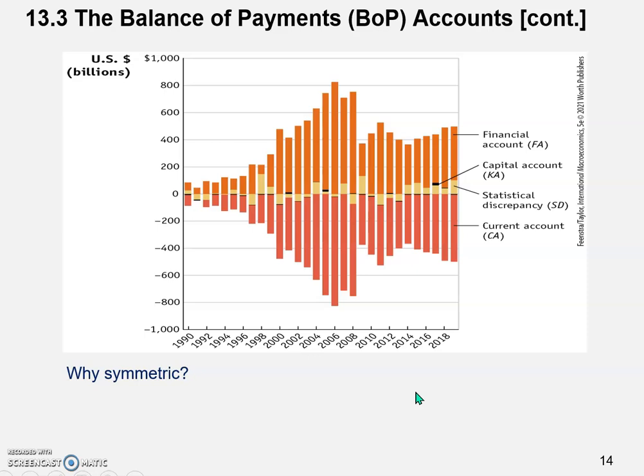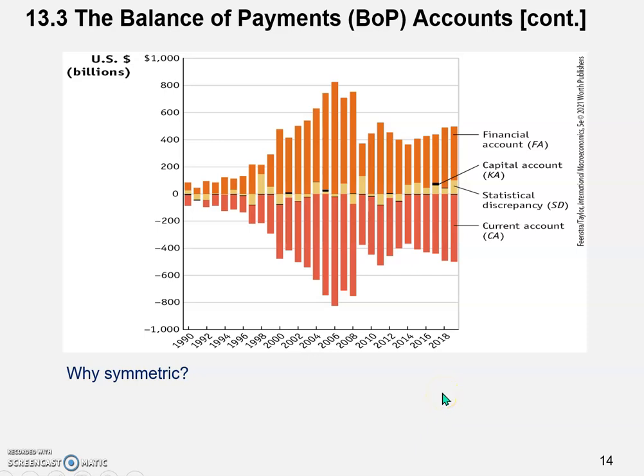Now, obviously, the observation we can make here is that this chart is symmetric, right? If we draw the zero line here, you would find that the two sides are symmetric.